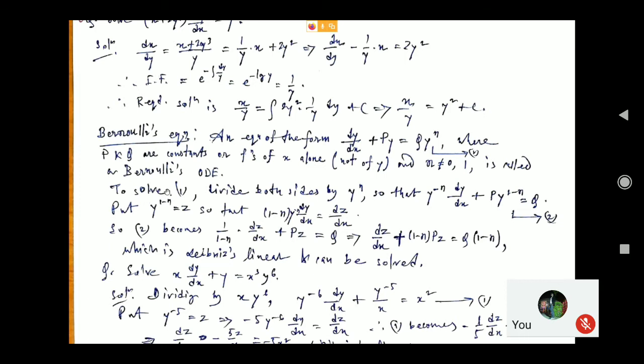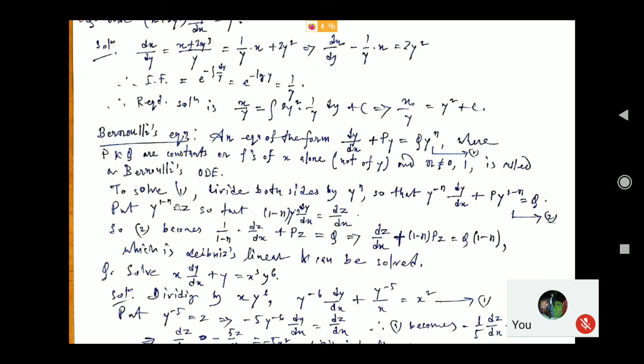So how do we solve this Bernoulli's equation? To solve it, we divide both sides by y to the power n, so that this equation becomes y to the power minus n dy/dx plus p into y to the power 1 minus n equal to q. Then we put y to the power 1 minus n equal to a new variable z.